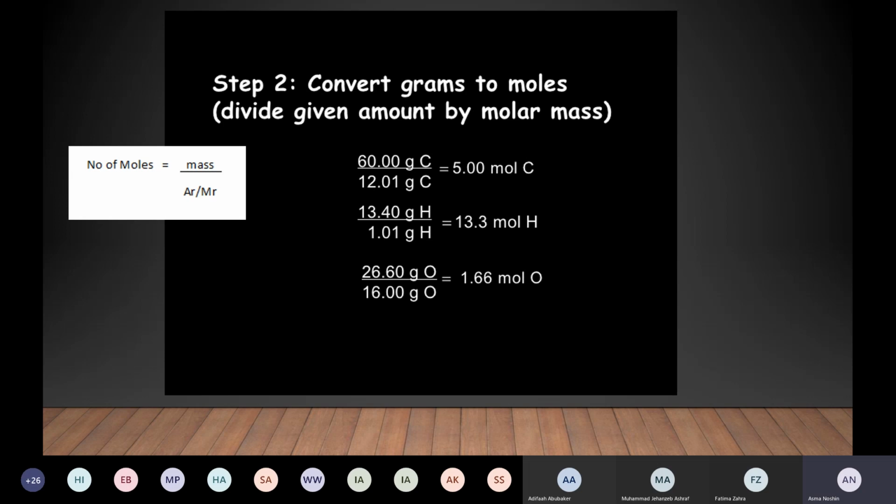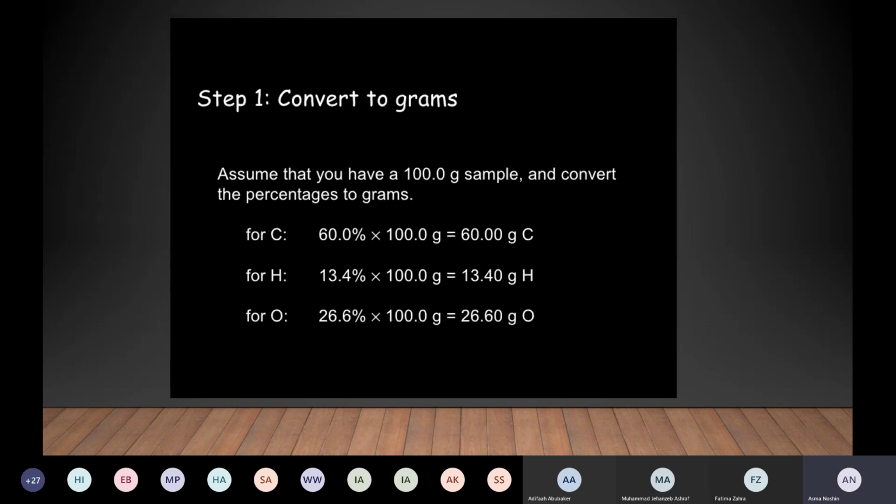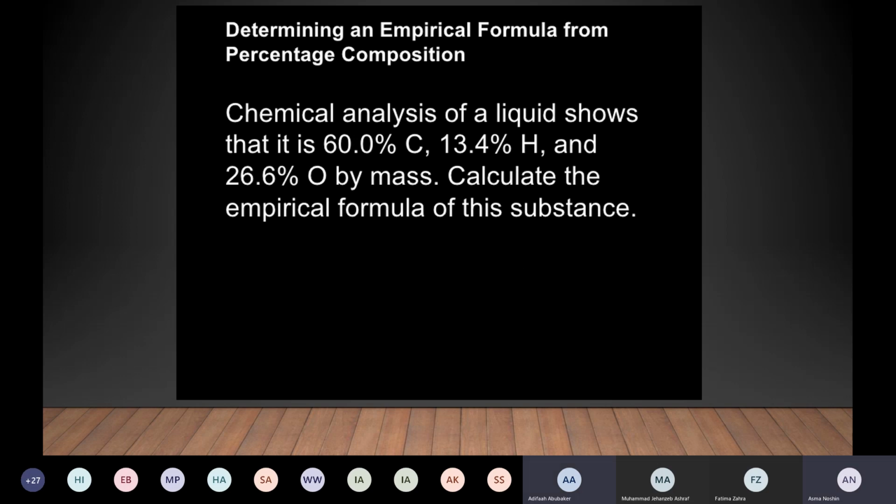If you see over here, I wrote AR and MR. So which will we use? If we go back to this question, was a compound given? No. No compound is given.